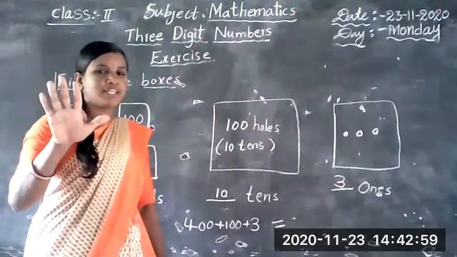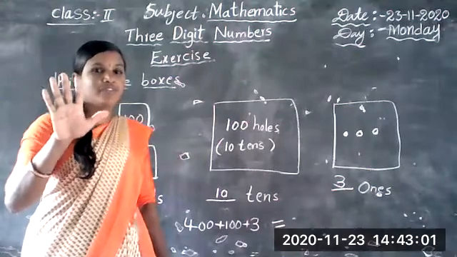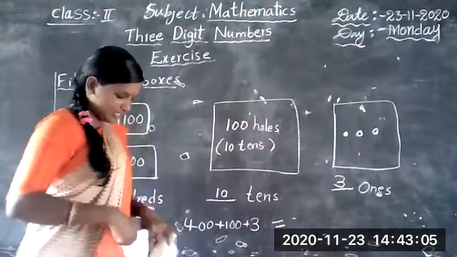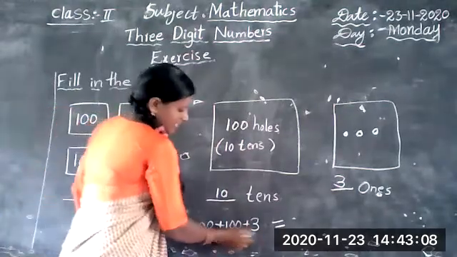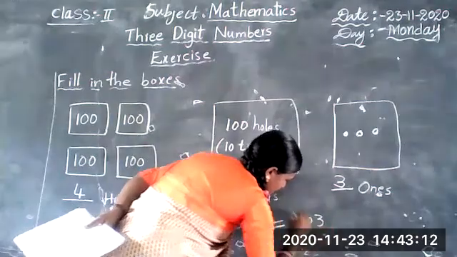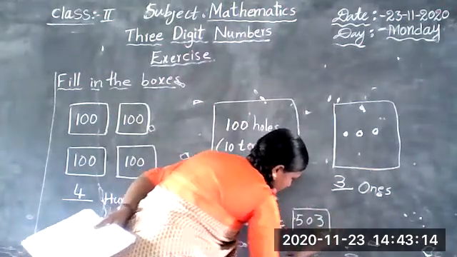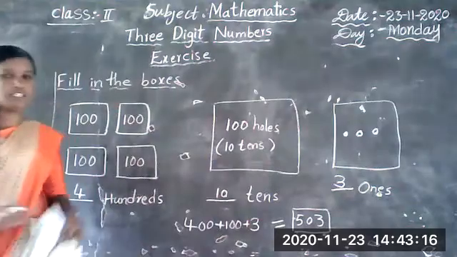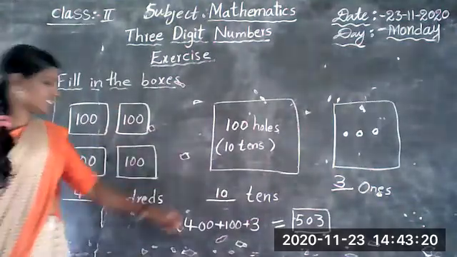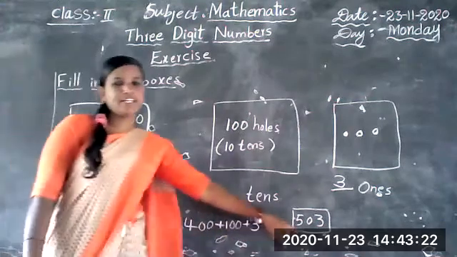So total how many hundreds? 500. Next, 500 and 3 is equal to 503. Did you understand, children? 503.